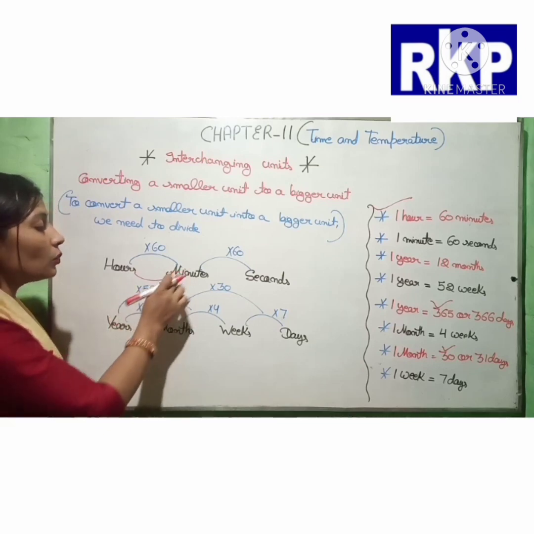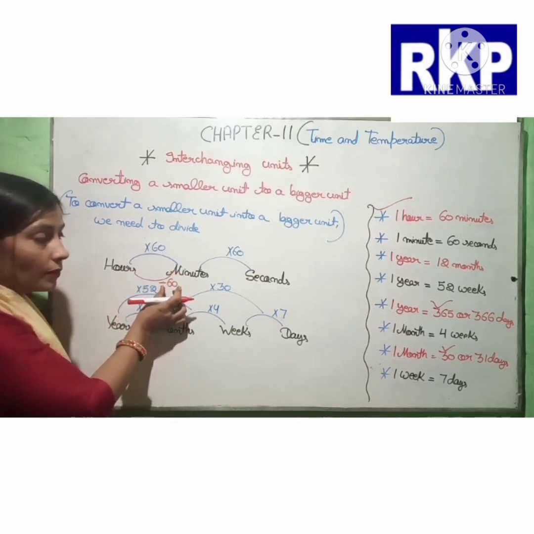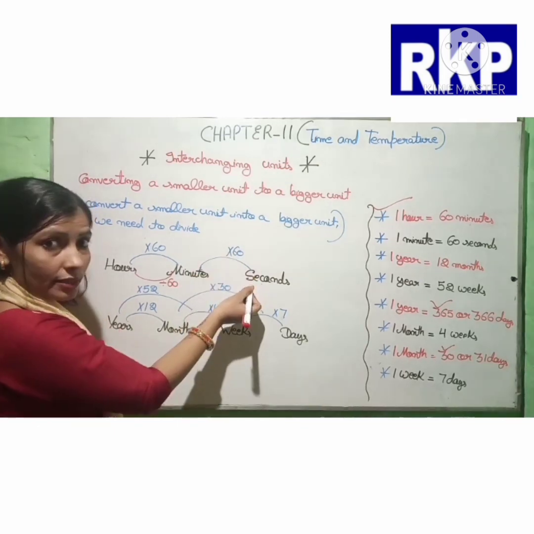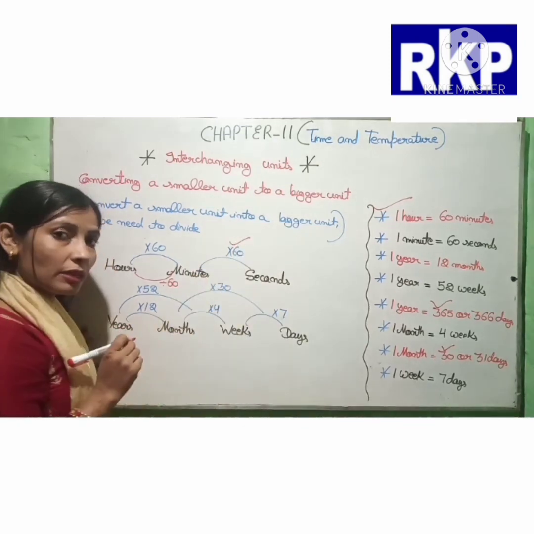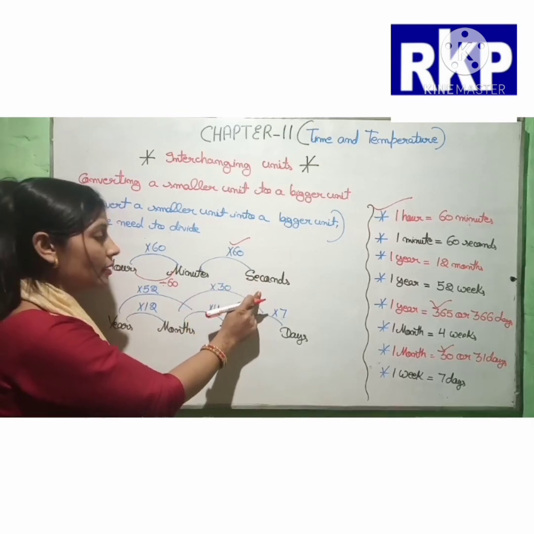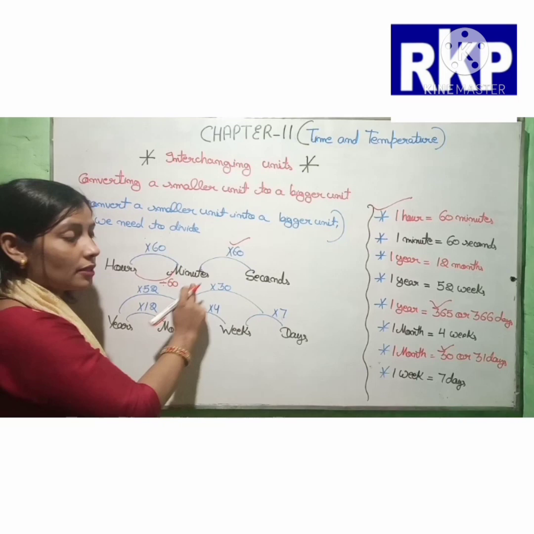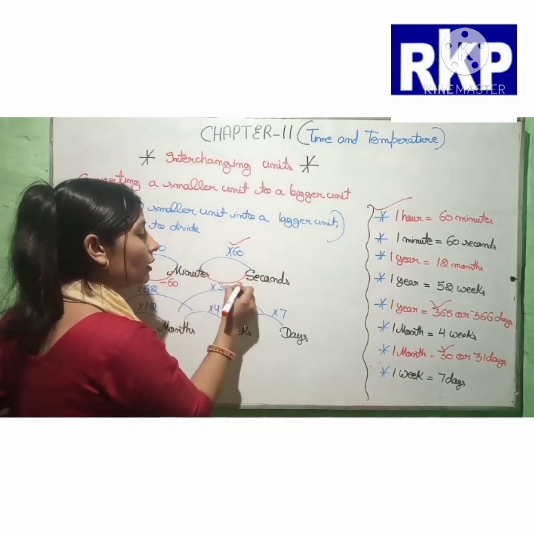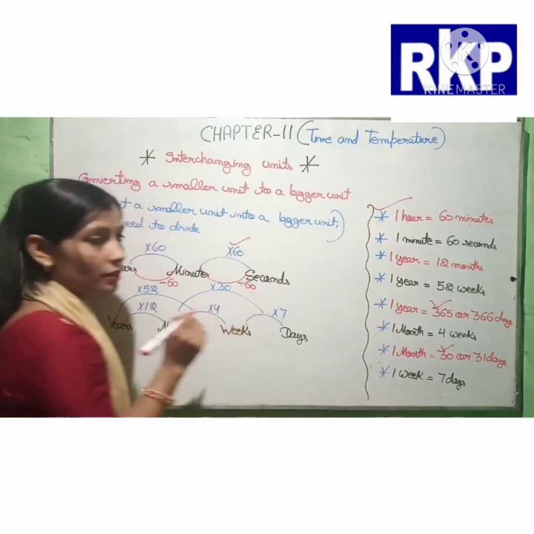So here we need to divide with 60. And when we convert minutes into seconds, then we need to multiply with 60. But when we convert seconds into minutes, means smaller units into greater, then we need to divide with 60.